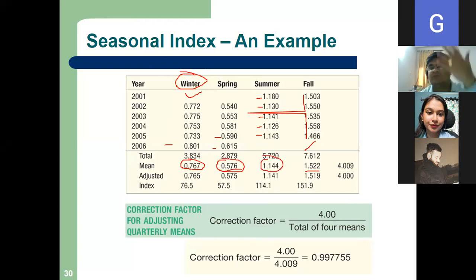Somewhere it is more than 1, somewhere it is less than 1. Now, ideally, if we add 4 indexes, 1 plus 1 plus 1 plus 1, it should be how much? 4.0000. Please look at my slide. Ideally, it should be perfectly ideal.